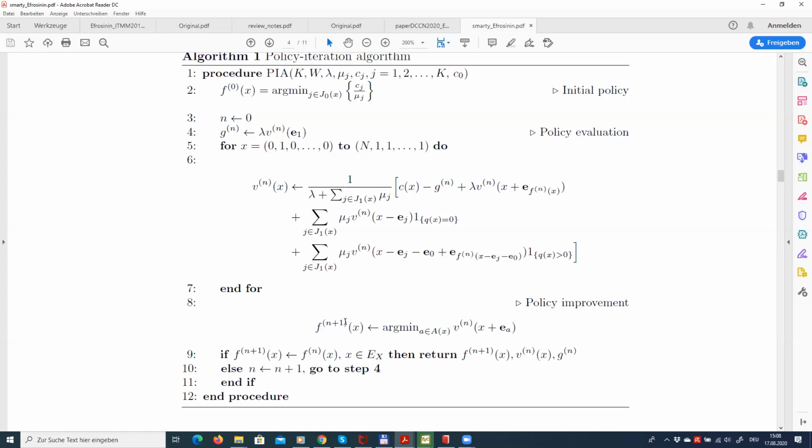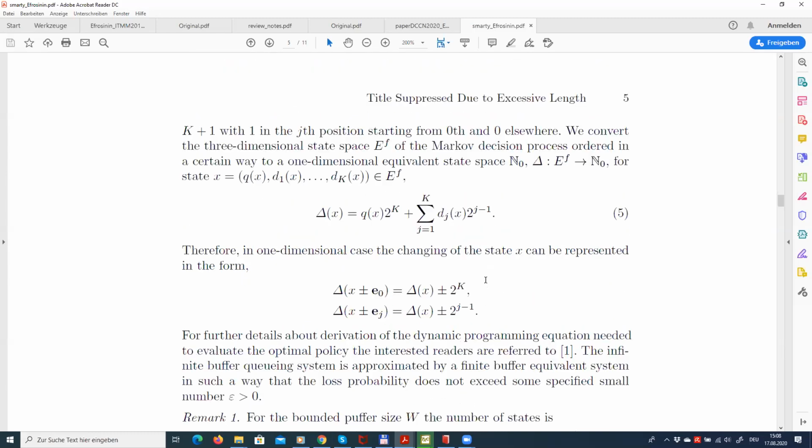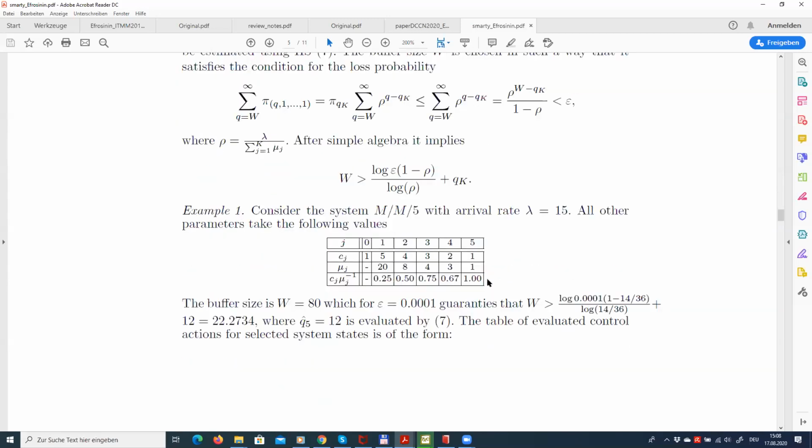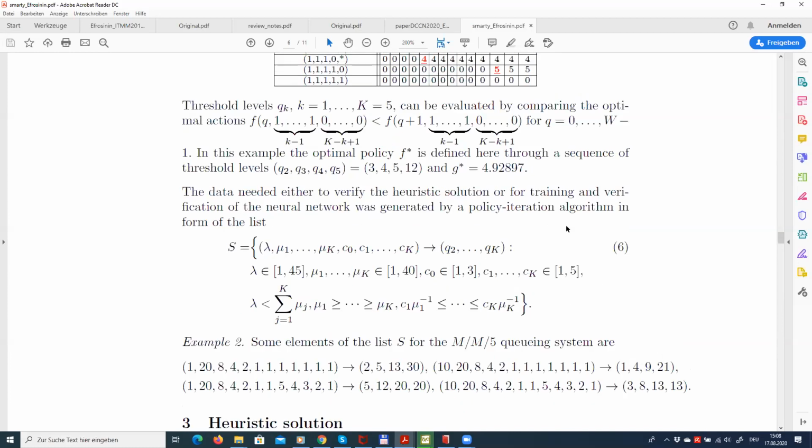Okay, and we use this method to get a sequence of data. Here I have shown the format of our data. It looks like a list where we have certain system parameters and the corresponding optimal threshold levels.